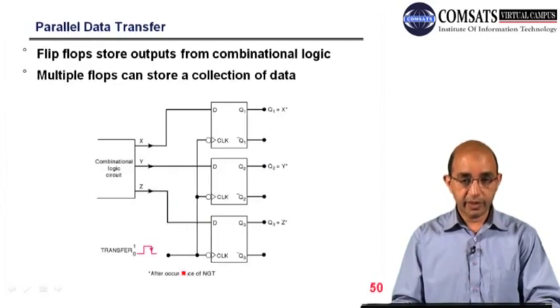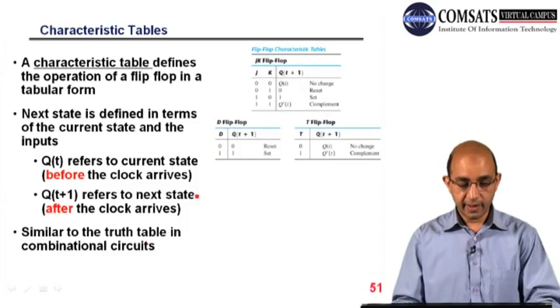We can also have parallel data transfer with D flip-flops. Here we have cascaded different D flip-flops with the falling edge of the clock. Then we can also have characteristic tables for all the flip-flops.